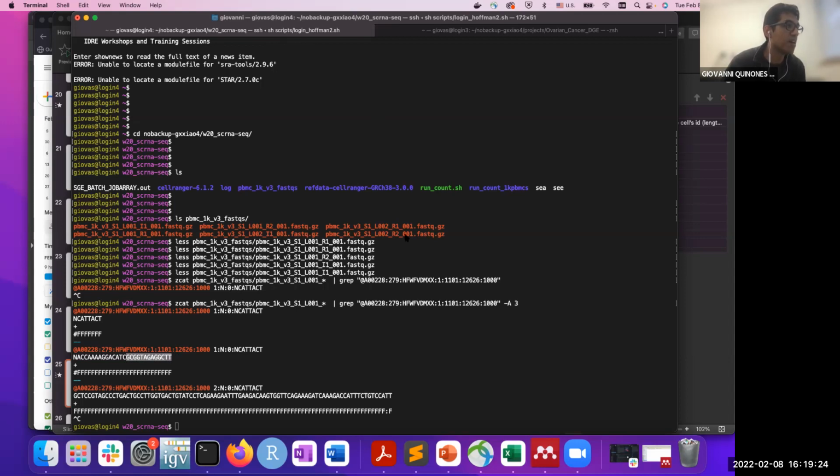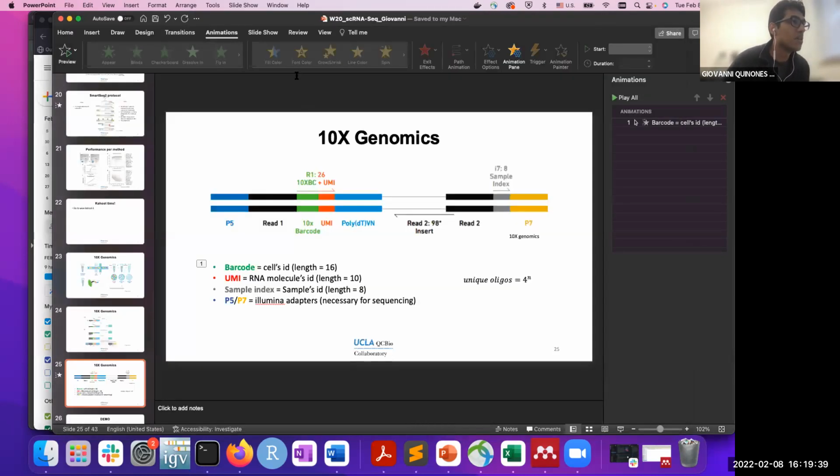Somebody replied that R1 is forward and R2 is reverse. Yes, that's true. If you look at the diagram, you have a 2-stranded construct, so in one you're reading in the right direction, and in the other you're reading in the opposite direction.